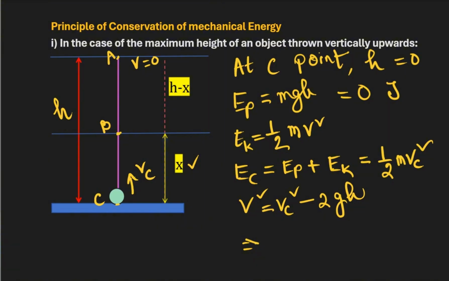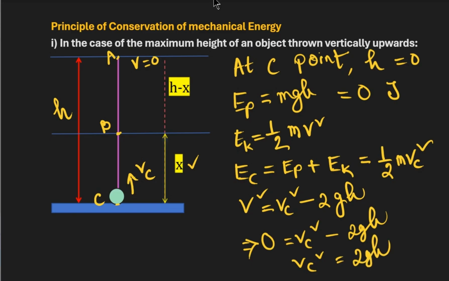With v equal to 0, we could write Vc square is equal to 2gh.